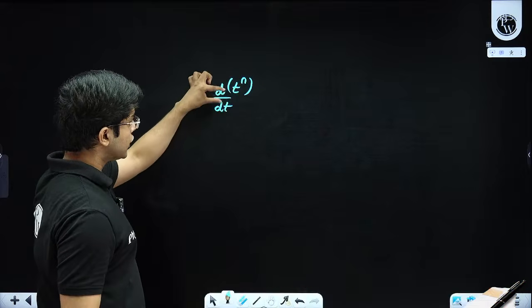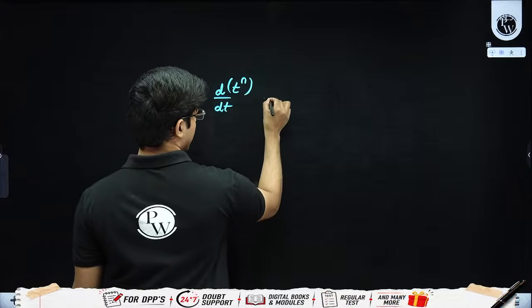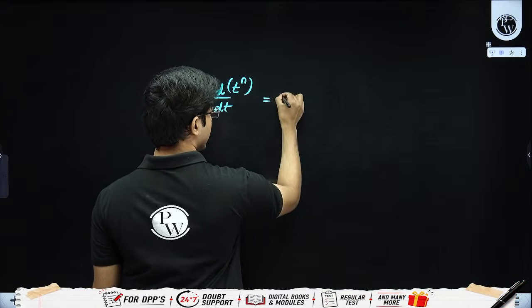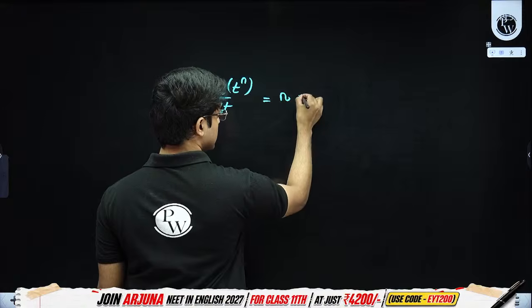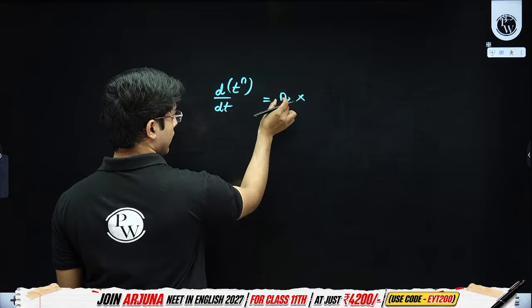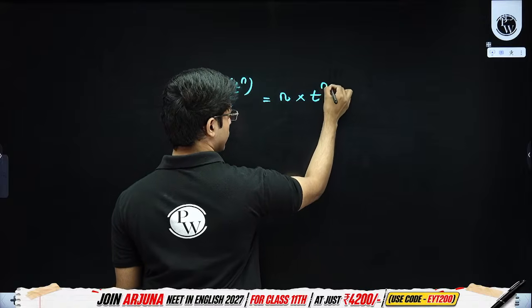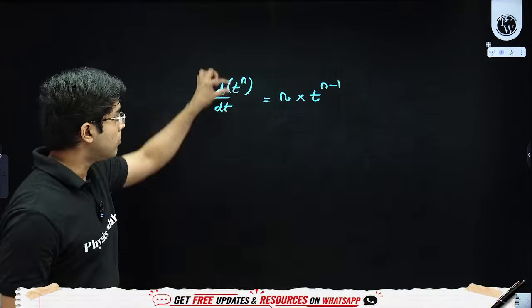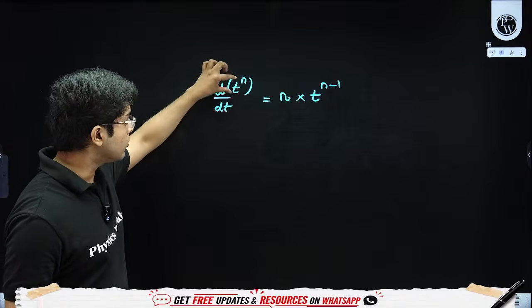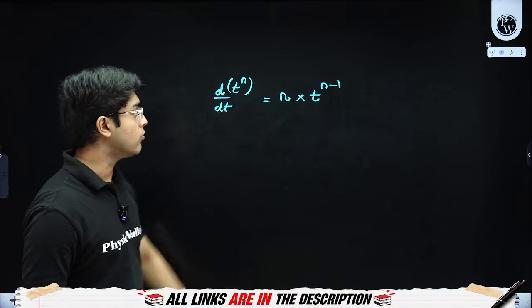If you want to differentiate t raised to n, this power n will come in front, and that you multiply with t raised to n minus 1. So this power n, you put it in front and you reduce the power by 1.